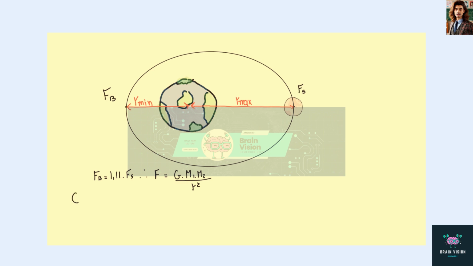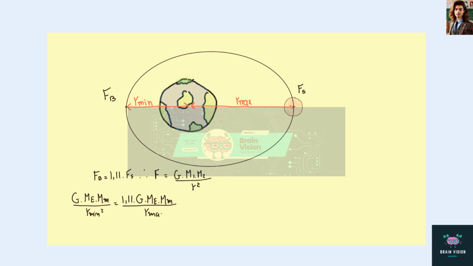It's equal to the Newton constant times the mass of the Earth times the mass of the moon divided by that minimum distance squared. And on the other side, we have 1.11 times the magnitude of the smallest gravitational force, which is equal to G times the mass of the Earth times the mass of the moon divided by that maximum radius squared.